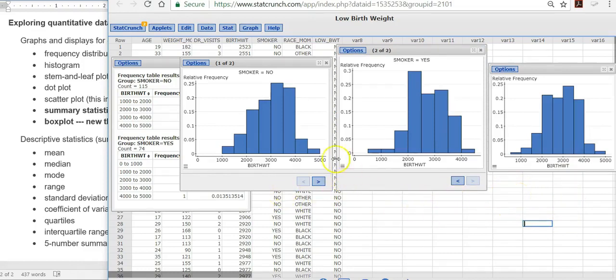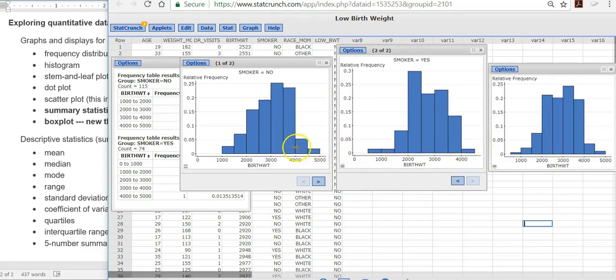The other thing I would notice that's a major difference between these two is the values on the left and the right ends of the graph. In this one, we have at least some babies that were at a much higher weight, between 4,500 and 4,999 grams. This one, there aren't any babies in that class because it doesn't even show that class on the end of the graph.